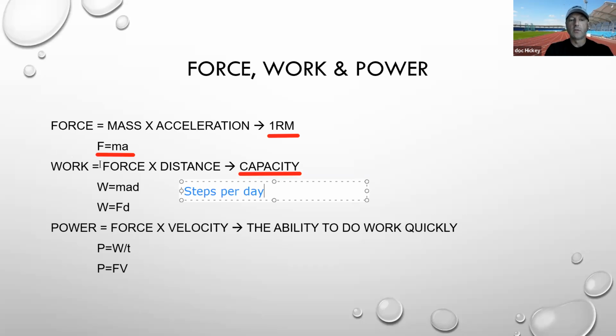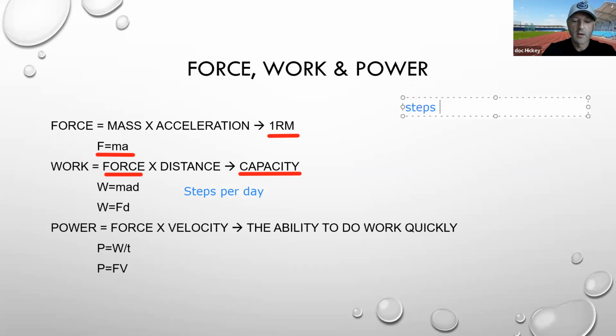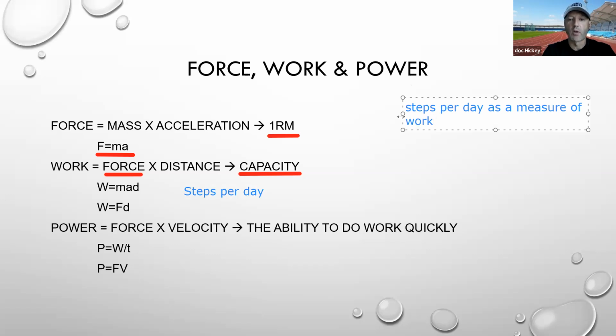When we break this down in terms of steps per day on a Fitbit, the force right here is going to be your body weight. Steps per day is a measure of work.